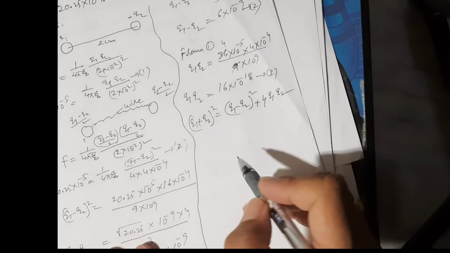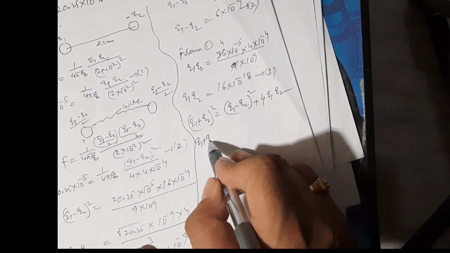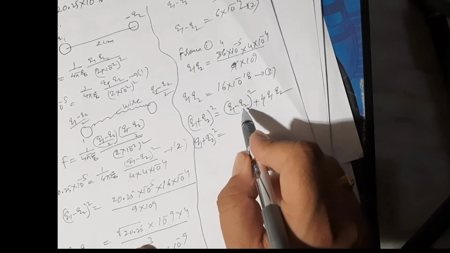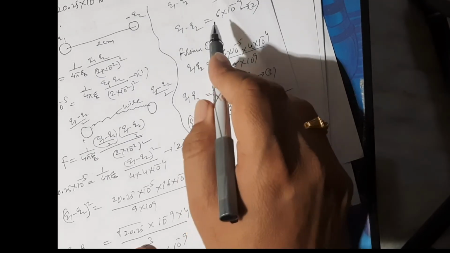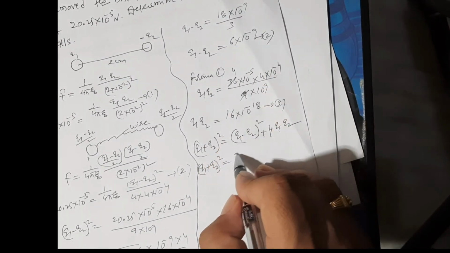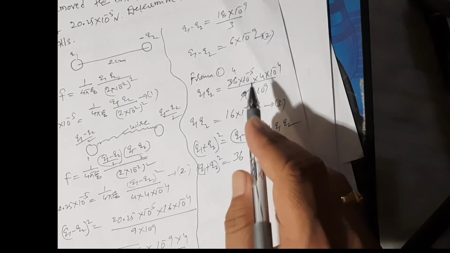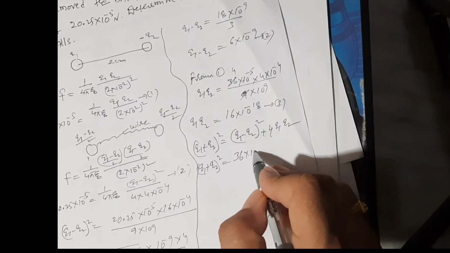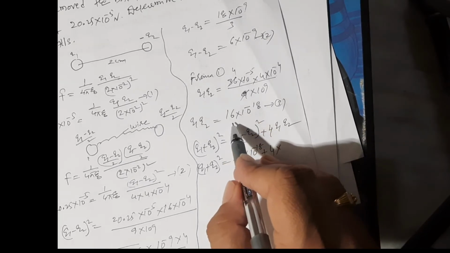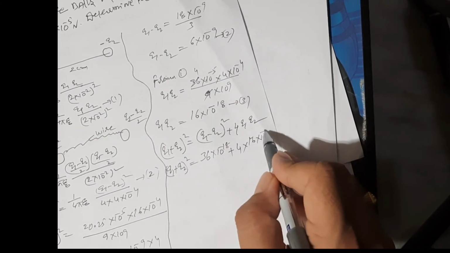Now we find out q1 plus q2. q1 minus q2 whole square is 6 into 10 to the power of minus 9 whole square, that is 36 into 10 to the power of minus 18, plus 4 into q1 q2, which is 16 into 10 to the power of minus 18.